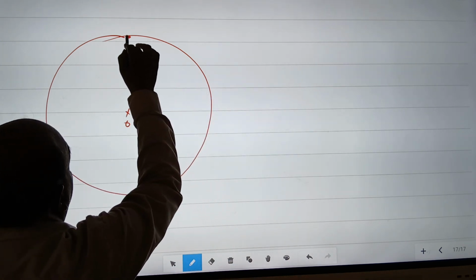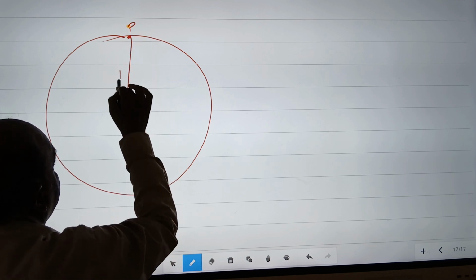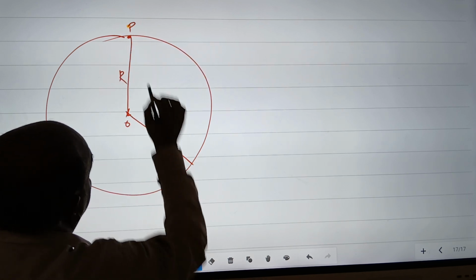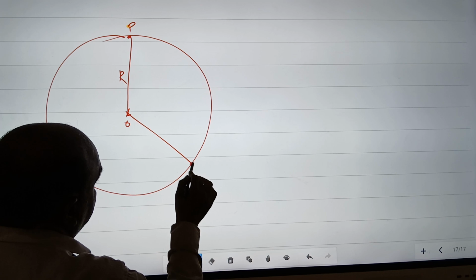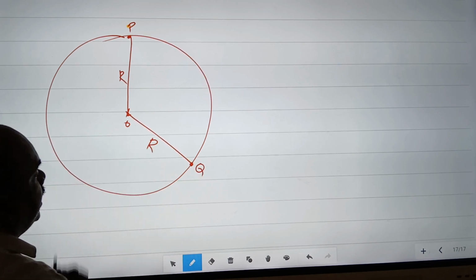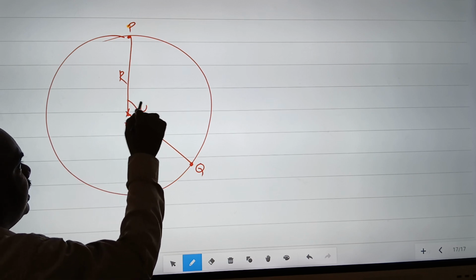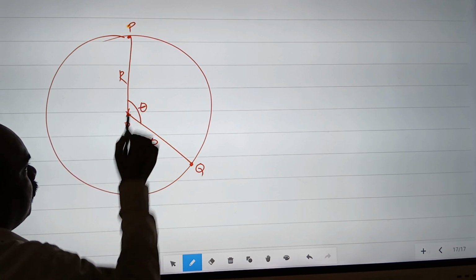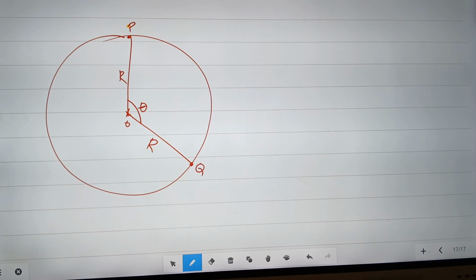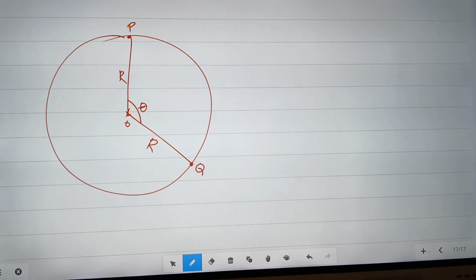This is one point P, radius is R. The same particle now reached here, another point Q. This is also radius. Now the angle between these 2 points is given as theta. Theta is the angle between initial position and final position.